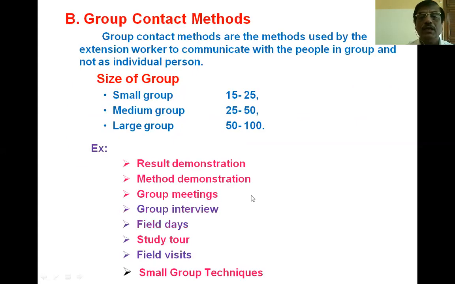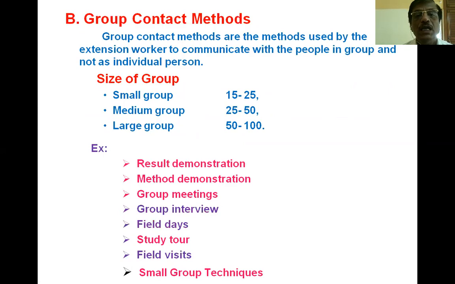Next is group contact methods. Group contact methods are the methods used by the extension worker to communicate with people in groups, to teach a group of people. Whenever you are addressing a group of people, you can use group contact methods. For example, in the classroom situation, I am teaching a group of students.